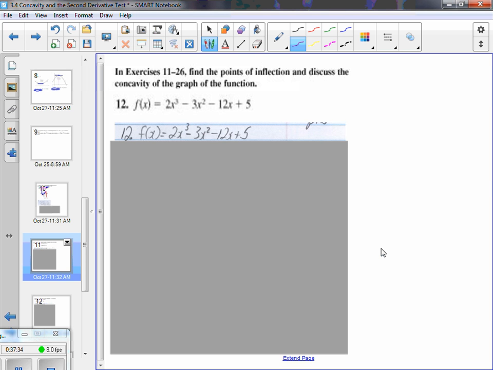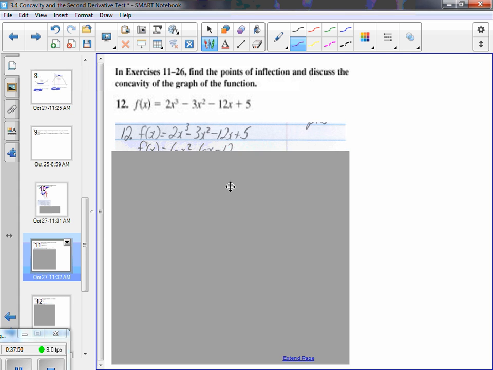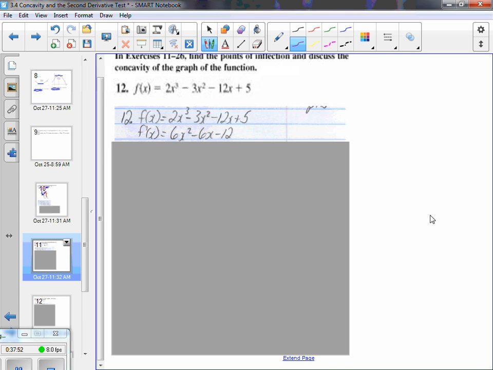Recall the points of inflection, the concavity changes where the second derivative changes signs. So we've got to find the derivative, then the second derivative. That's why I'm glad this is a polynomial. So finding the first derivative, use the power rule on each of those terms. So f prime of x equals 6x squared minus 6x minus 12.